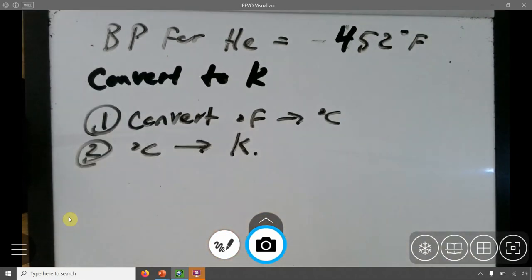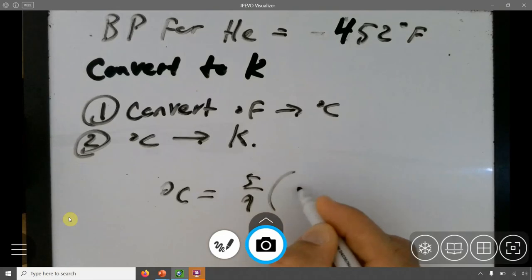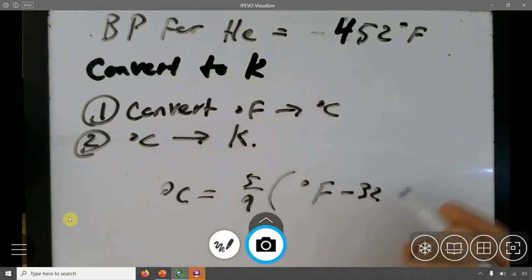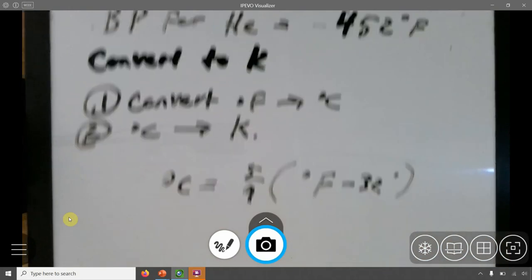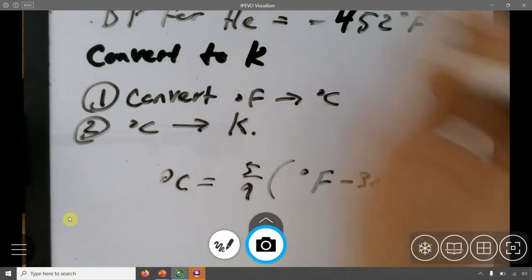So how do I get from degrees Fahrenheit to degrees Celsius? I want degrees Celsius, so I'm going to use the second equation. Degrees Celsius is 5/9 times degrees Fahrenheit minus 32. I put in the number I have, negative 452.